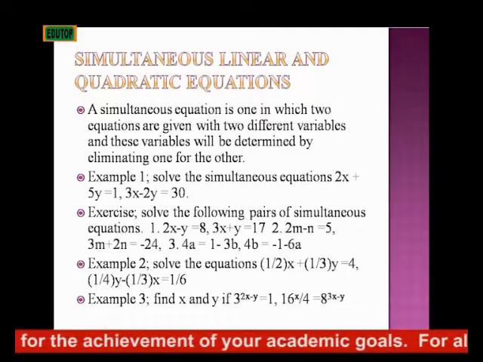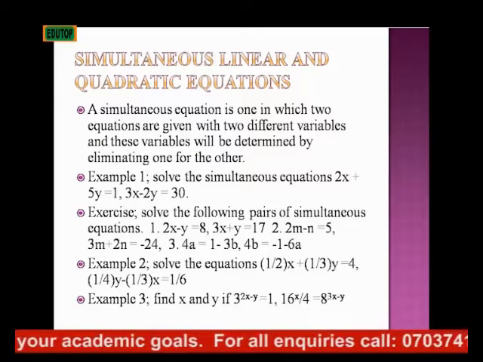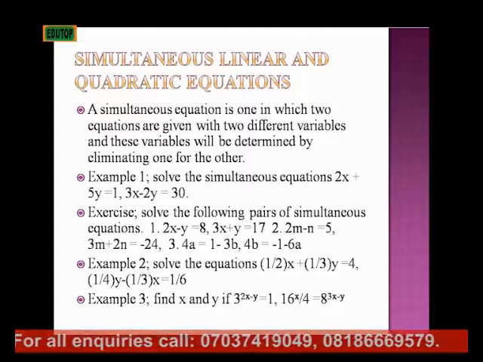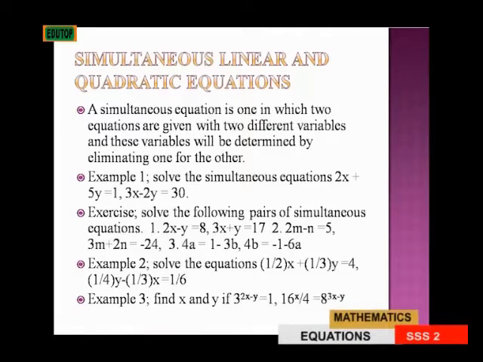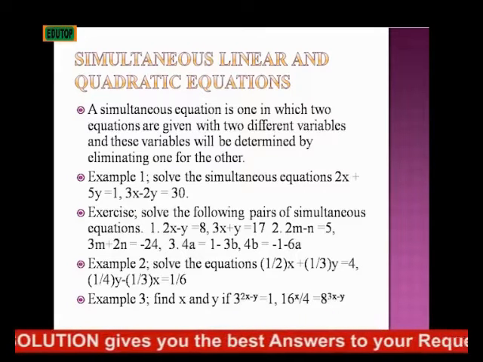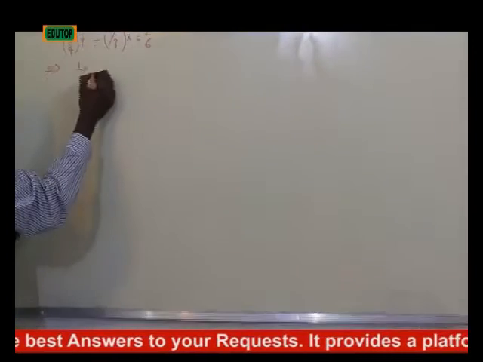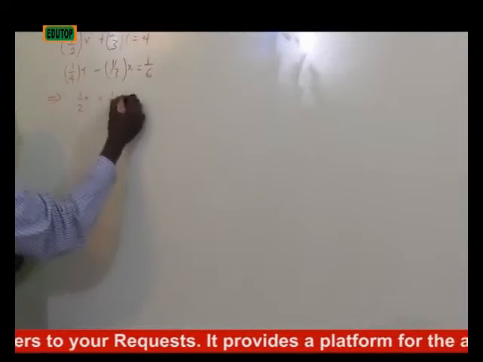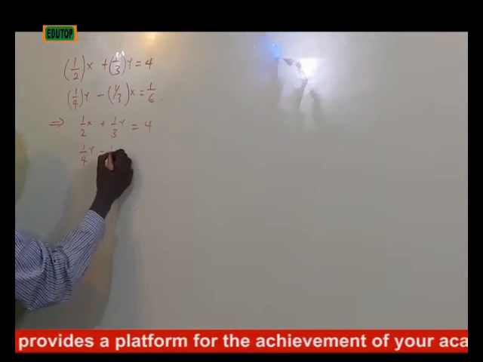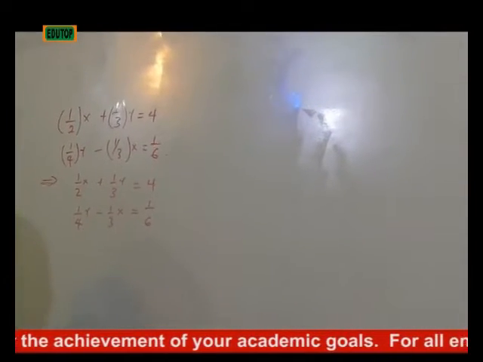Then we also have 1 over 4y minus 1 over 3x equal to 1 over 6. This can also be written as 1 over 2x plus 1 over 3y, which equals 4. And this one can be written as 1 over 4y minus 1 over 3x equals 1 over 6. So this is what we have.